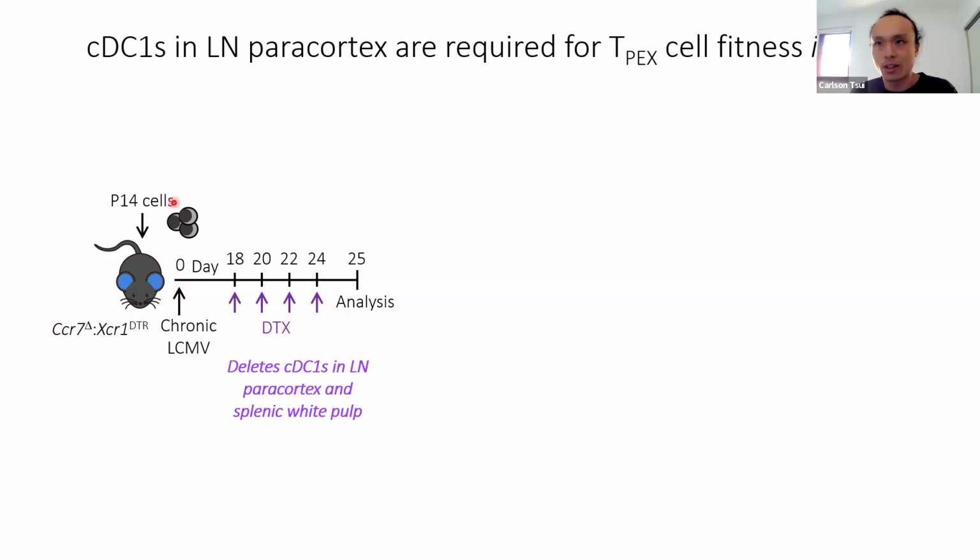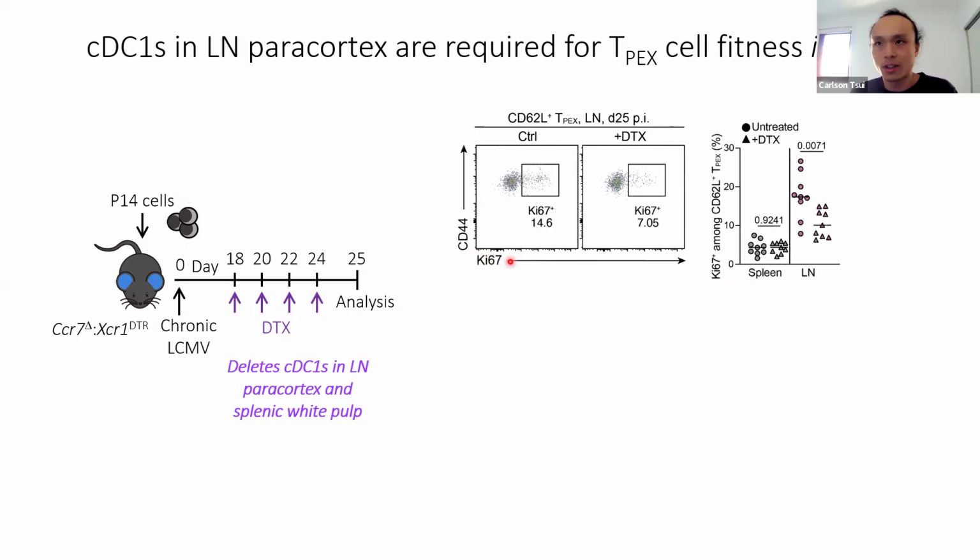So we combine this model with P14 adoptive transfer and also chronic infection. And what we found is that when we depleted cDC1s from the paracortex, we impaired TPEX cell proliferation in the lymph node, but surprisingly not in the spleen.